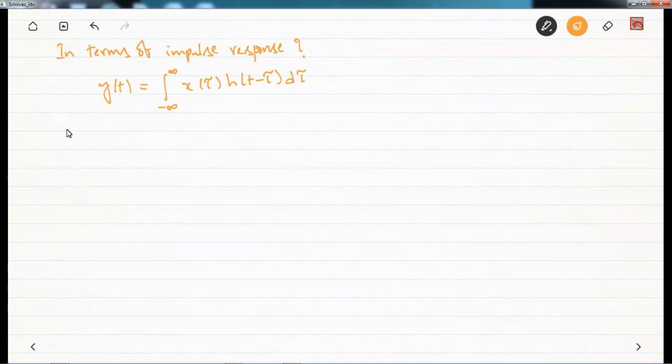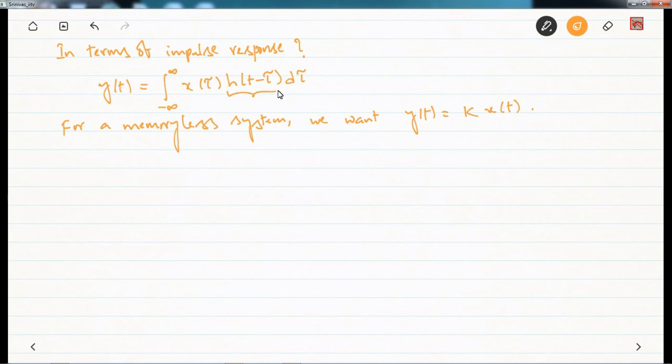And for a memoryless system, we want y of t is equal to some constant k multiplied by x of t. So you think of what do we need for h of t so that we will get this output, right?